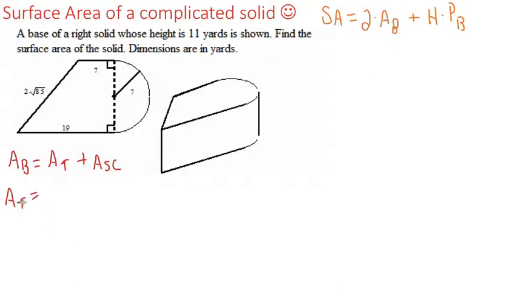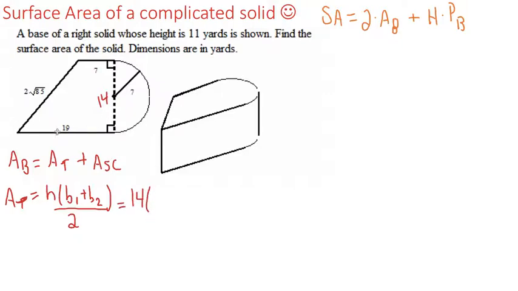So the area of the trapezoid, the formula for a trapezoid is the height times base 1 plus base 2, divided by 2. And so the height of this trapezoid would be the same as the diameter of the circle, which would be 14.